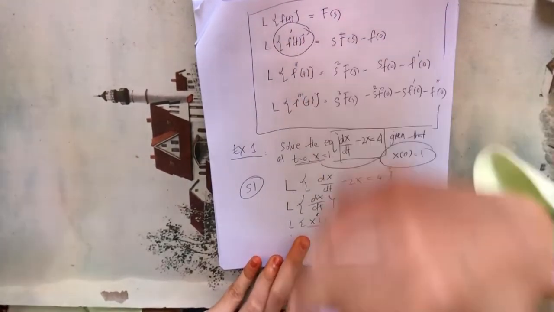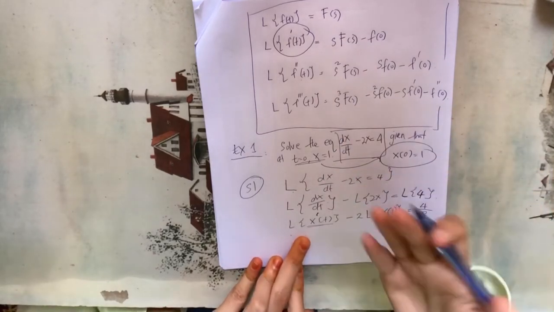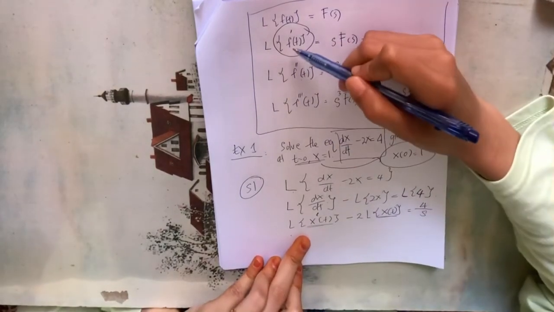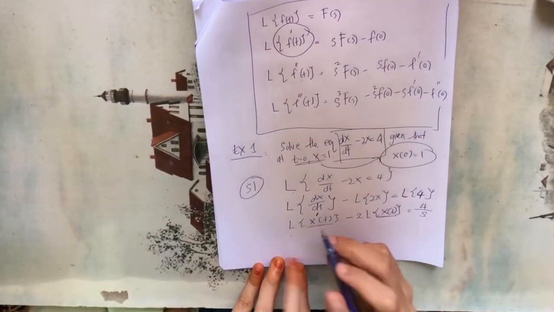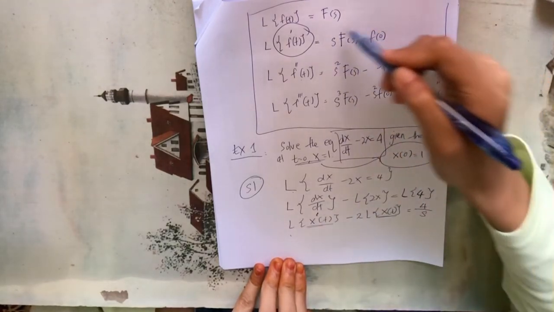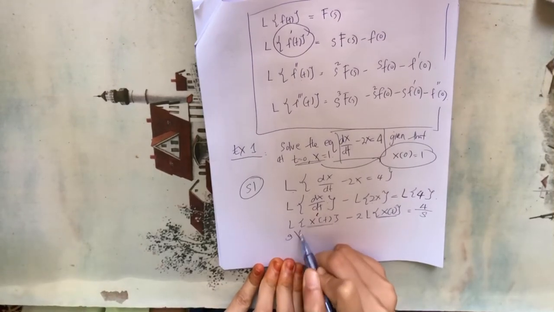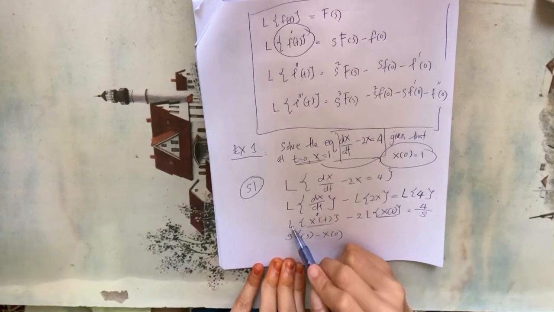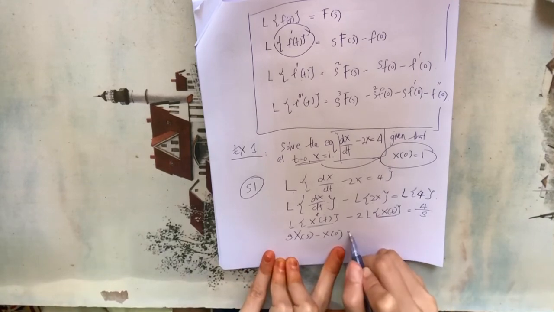Actually, the equation can use any letter: it can use f, x, y, and so on. This is the general one. If here is f, we use capital F; if here is x, we use capital X. For the first order, you just replace with sX(s) minus x(0). The Laplace transform for x prime is sX(s) minus x(0). Then minus 2.